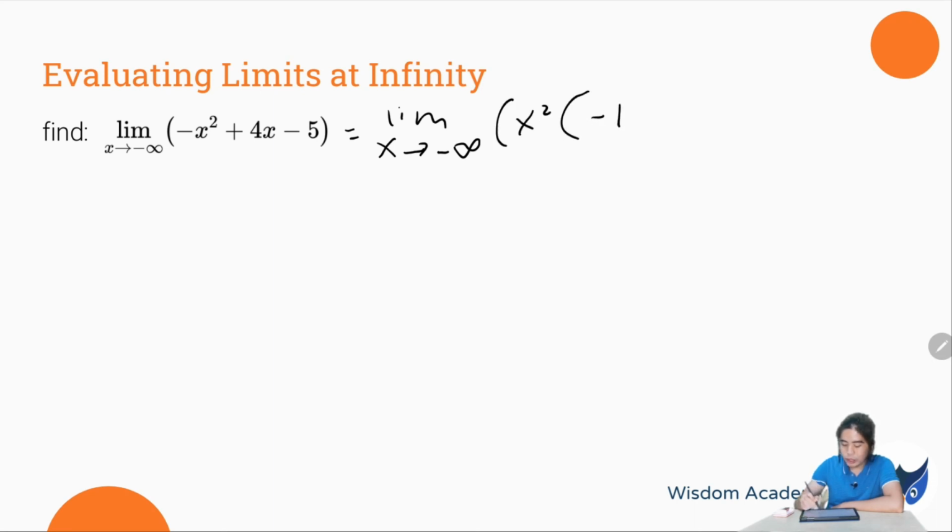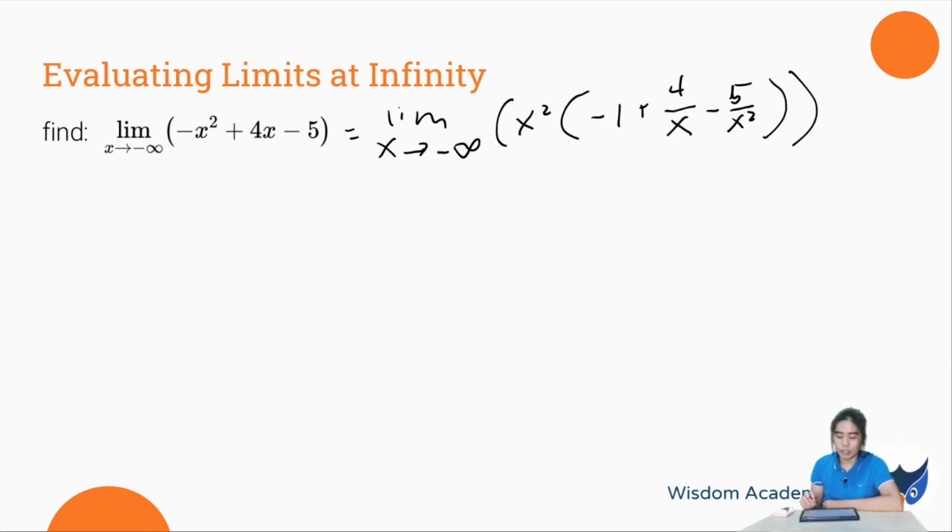So, it becomes negative 1 plus 4 over x minus 5 over x squared. So, why did we factor it out? Because we want the x's to go to the denominator. Since we are finding the limit at infinity, we want infinity to be in the denominator, because we know that when infinity is in the denominator, it just becomes 0. Using direct substitution here, it becomes negative infinity.